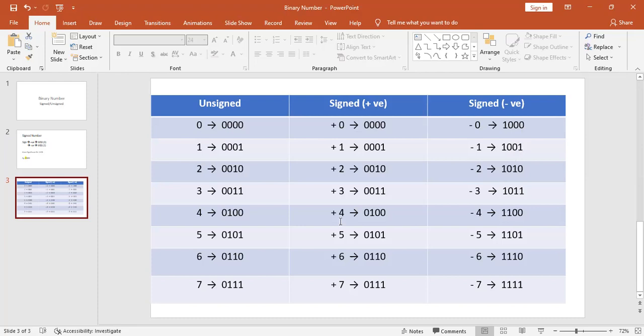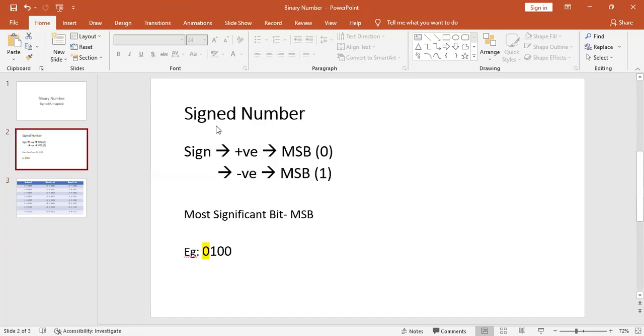Always remember this point: if you want a number which is positive, it is always going to start with a 0. And if it is a negative number, the number will start with a 1.